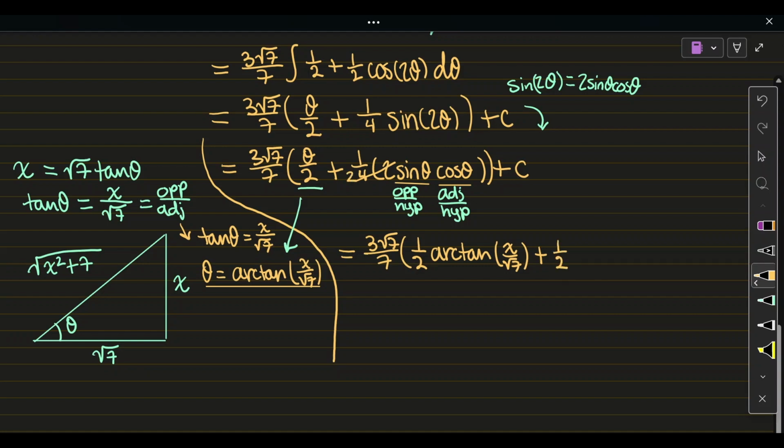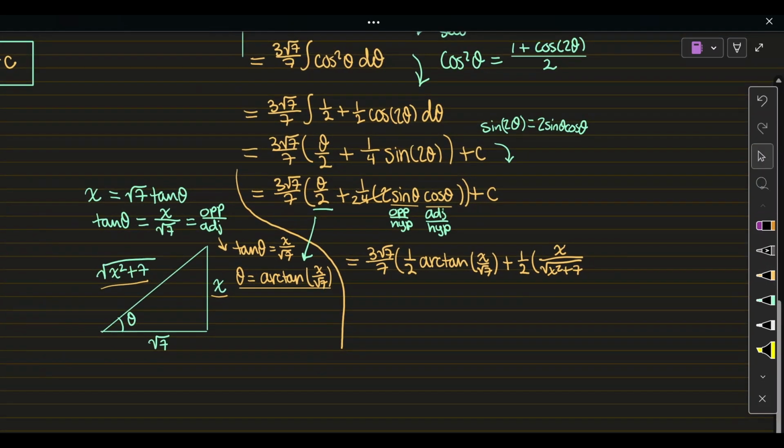So I have 1/2, and then sine theta is opposite over hypotenuse, which is x over the square root of x squared plus 7, times cosine, which is adjacent over hypotenuse, so that's the square root of 7 over the square root of x squared plus 7.